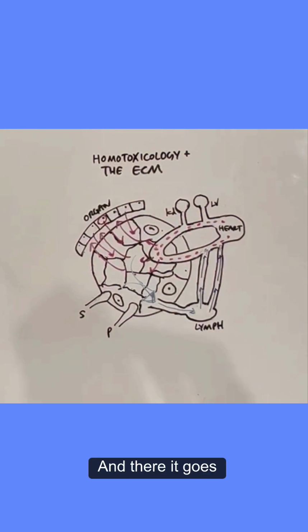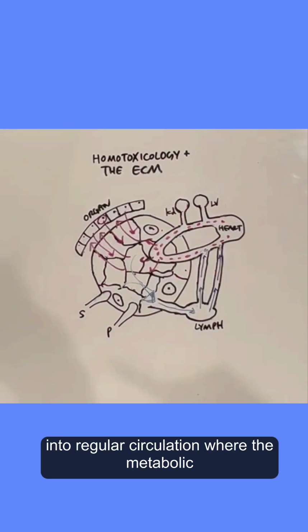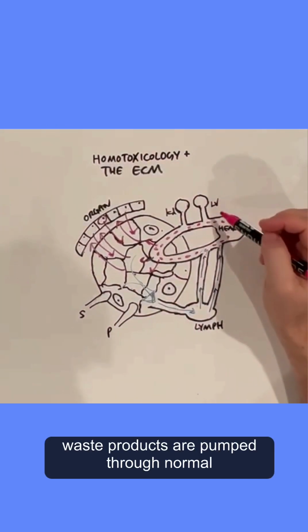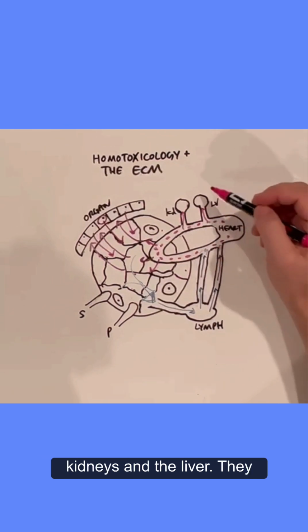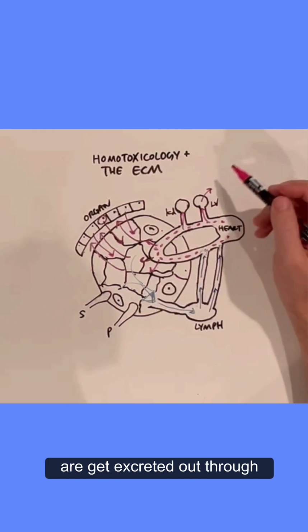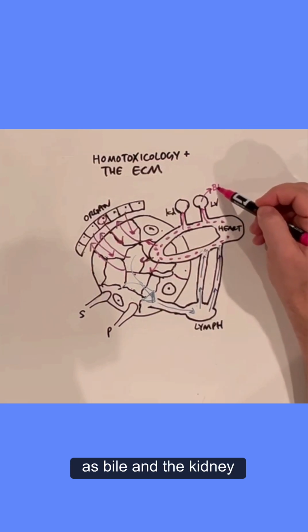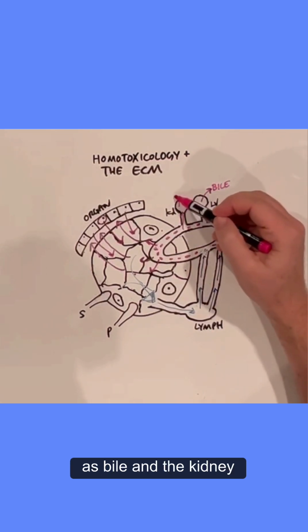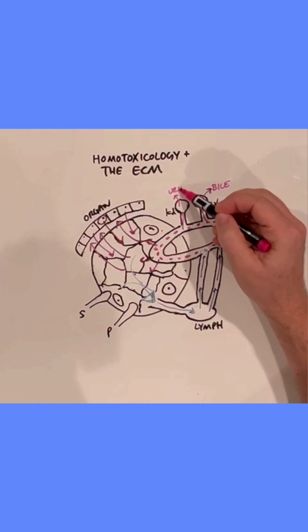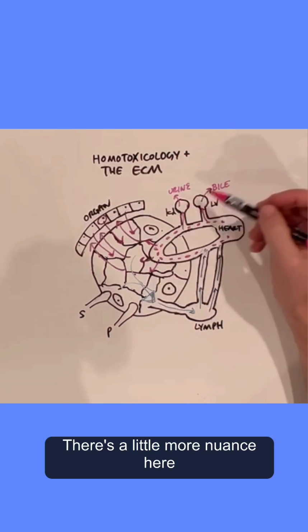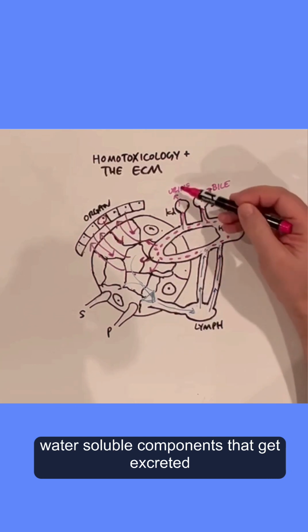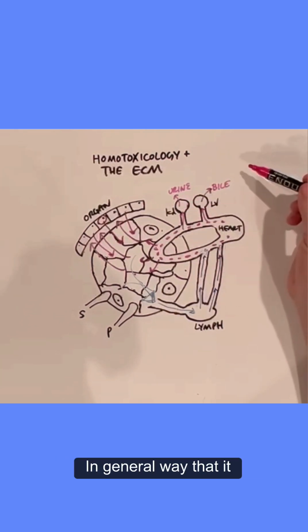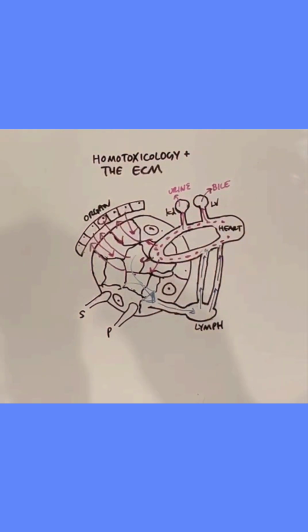And there it goes into regular circulation where the metabolic waste products are pumped through normal circulation into the liver, into the kidneys, and the liver gets excreted out as bile, and the kidney gets excreted out as urine. There's a little more nuance here with the liver actually producing the water-soluble components that get excreted by the kidneys, but this is a general way that it works.